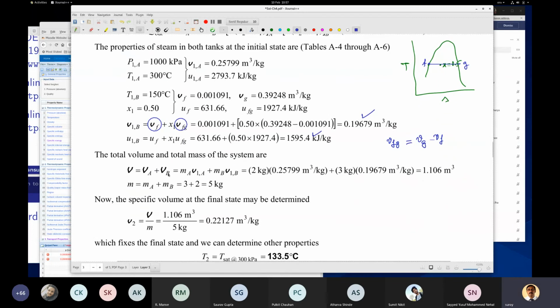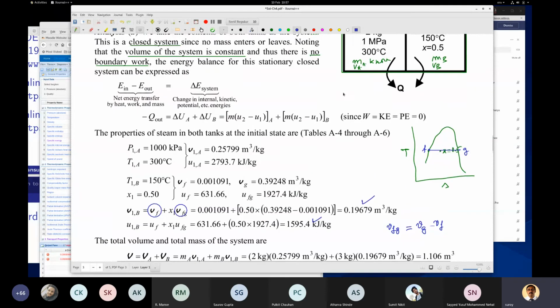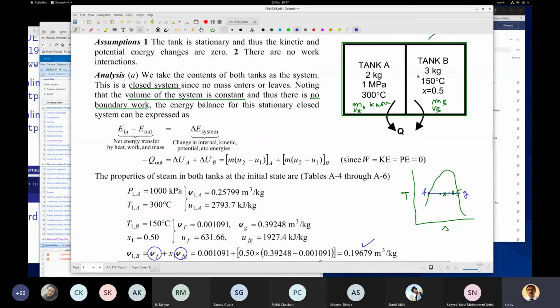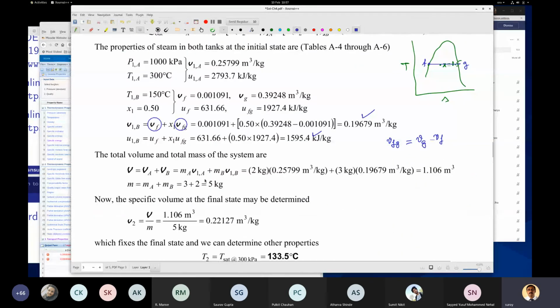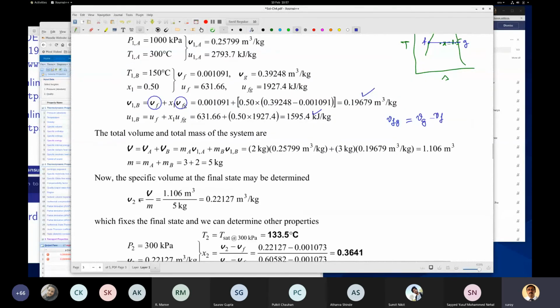So what is the total volume? The mass is given to us for both, so the total mass becomes known to us. So what is the total specific volume?